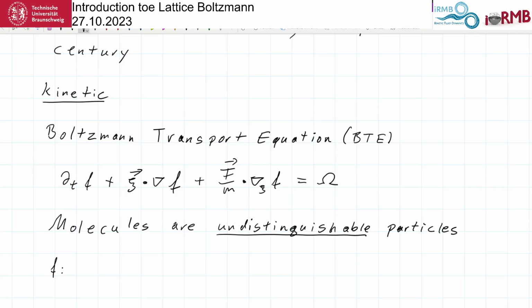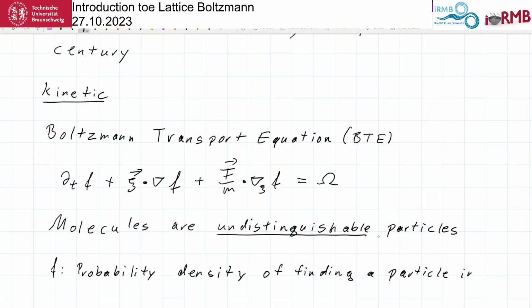F, as I said, is the probability density of finding a particle in 7D phase space.